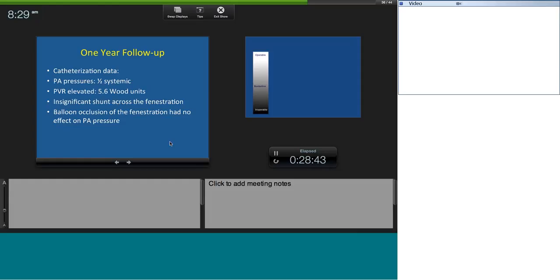So the point I'm trying to make here is that we don't have the duration of follow-up that we need to make decisions on borderline cases. So it's perfectly reasonable to leave them alone.